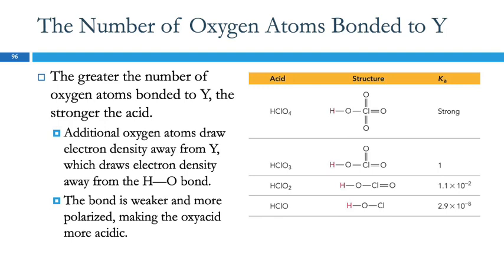So here's the progression with number of oxygens: perchloric, chloric, chlorous, and hypochlorous acids. 4, 3, 2, 1. Well, we memorized that this is a strong acid. So they must be getting less acidic as we decrease the number of oxygens. And that's because these additional oxygens pull electron density away from the hydrogen and weaken that bond, make it easier for it to come off. Any questions?